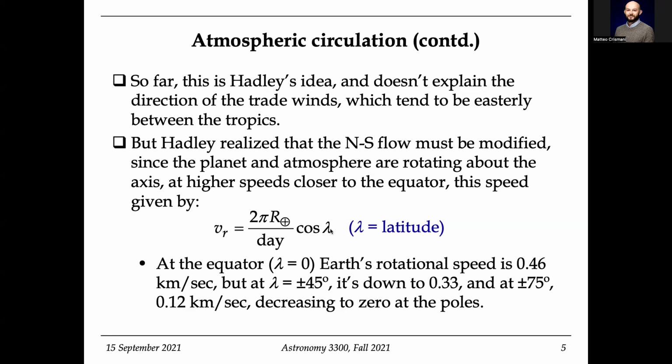So now we have everything that we need in order to understand the trade winds. Okay. So let me demonstrate that that's all we need. Let's start with this branch here. Does it affect the rising motion?